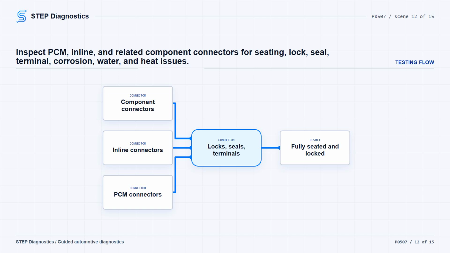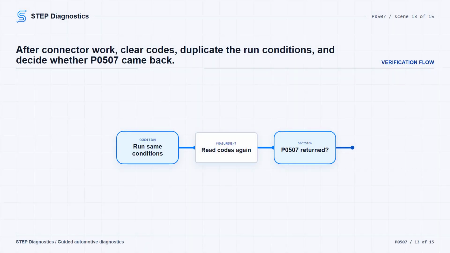Then reconnect the PCM connectors, inline connectors if equipped, and related component connectors, making sure everything is fully seated and locked. After the connector work, erase the DTCs with the scan tool. Test drive or operate the vehicle under the same operating conditions, then read the DTCs again.